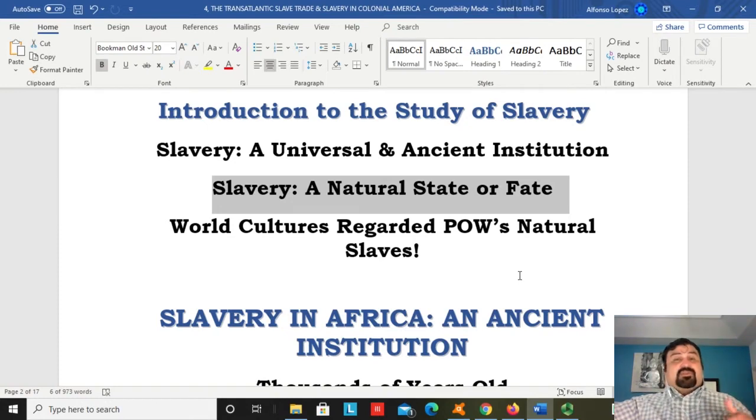So therefore, the servants, what we today simply call slaves, by the way, but in the ancient world were servants or serfs, were people that were also considered to be individuals who were fulfilling a specific mission, a mission that was given to them by the gods. And that mission was to serve others through their labor.